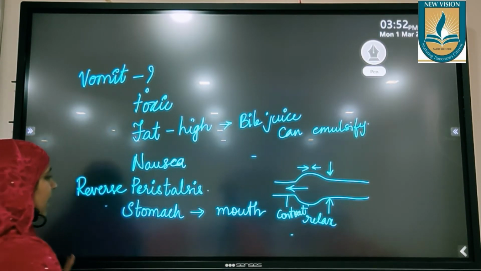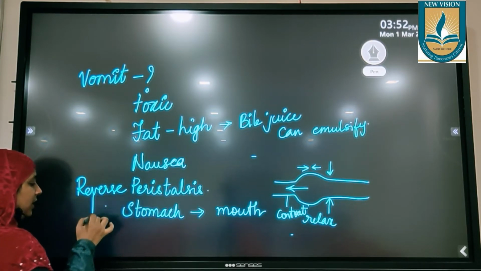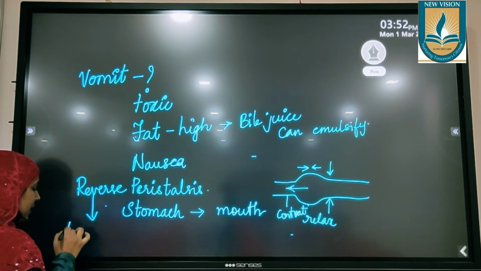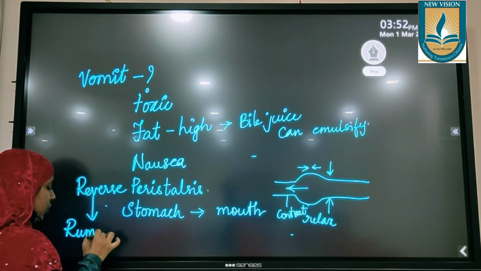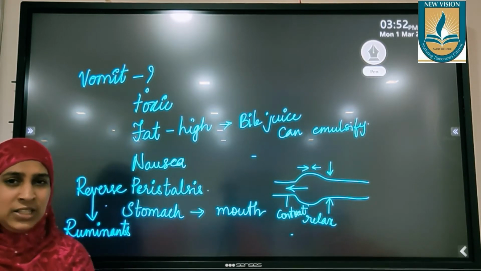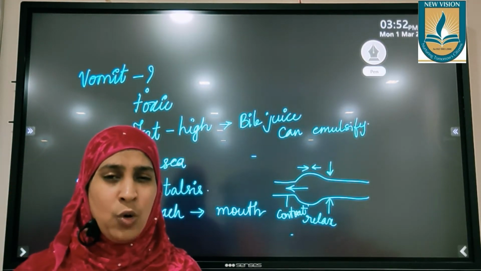Reverse peristalsis does not occur only during vomiting. We can also see it in ruminating animals. Ruminating animals means all cattle. Cattle do not chew the food when they eat. They eat grass, usually cow, buffalo, goat.